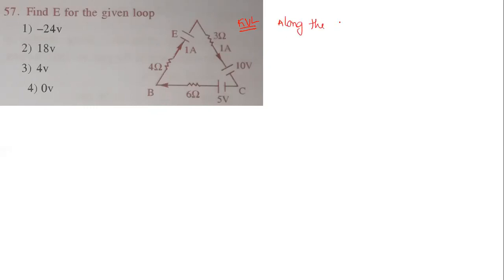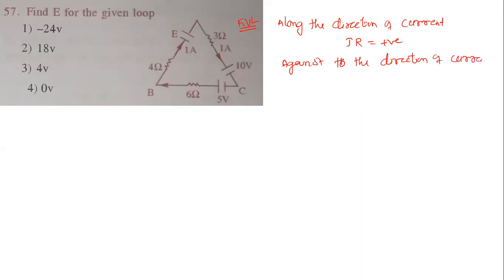Along the direction of current, wherever you find IR, current into resistance, you take it positive. And if it is against the direction of current, take the IR drop as negative.